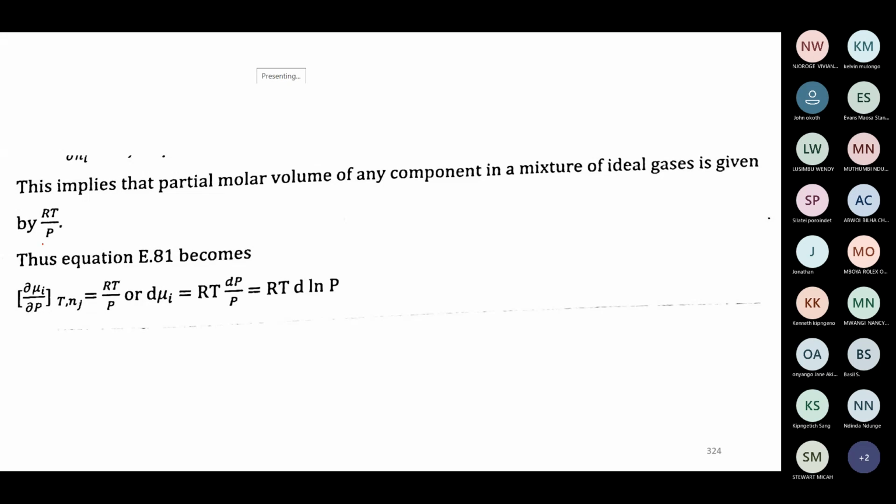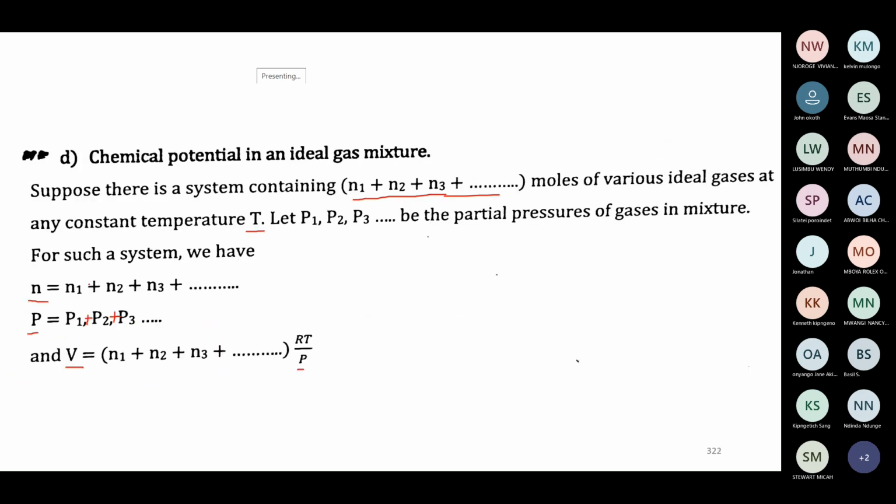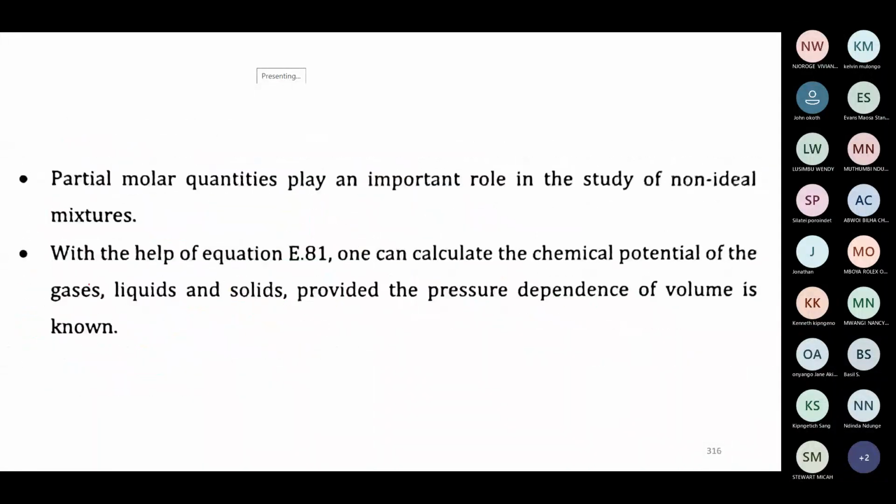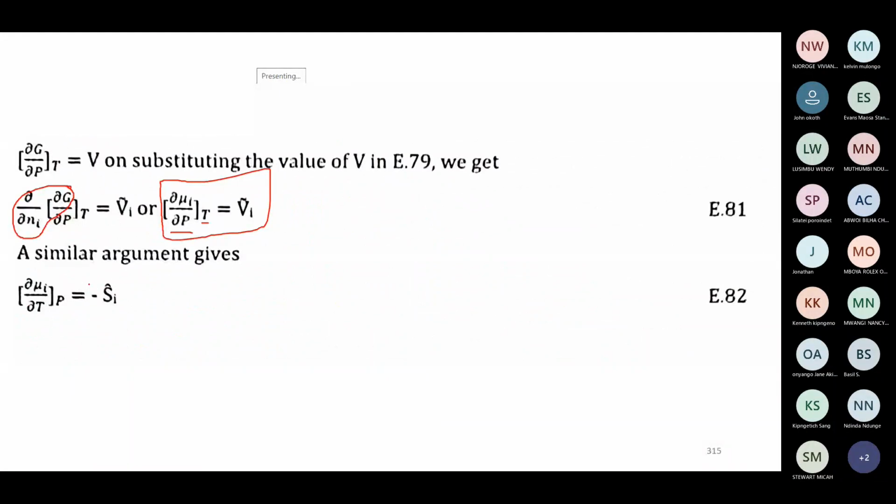So therefore, equation E81 can become, just looking for equation E81. This is equation E81.